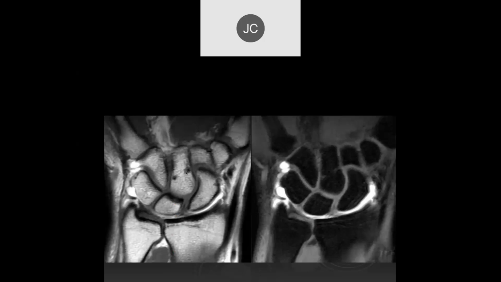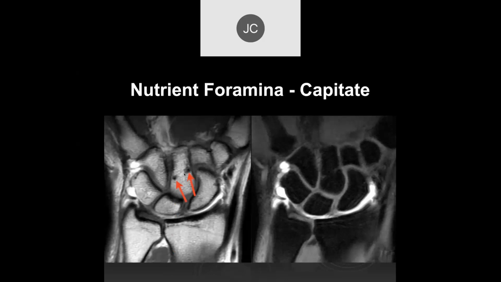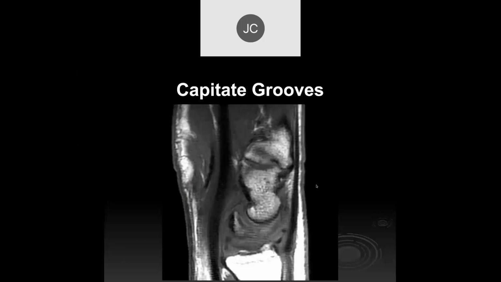Also on the capitate, you can often get things both volar and dorsal, which are folds within the normal bone that can have nutrient foramina and can look like erosive changes. So you have to be careful of these. These are actually the nutrient foramina going in.